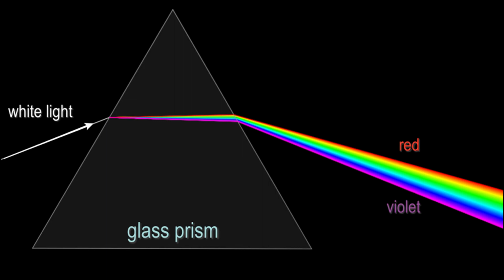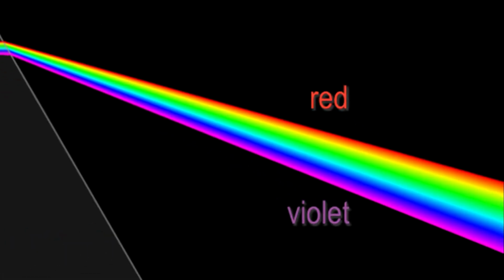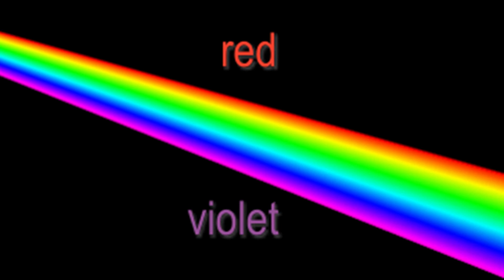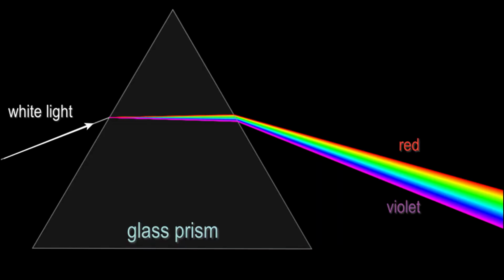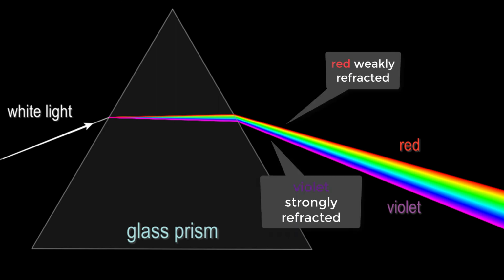We normally associate only 7 distinct colors in the order of violet, indigo, blue, green, yellow, orange, and red. It also shows that different wavelengths or colors are refracted or bent by different amounts. In fact, we can use Snell's law again to prove that violet light is indeed refracted with a greater angle of refraction than red light.